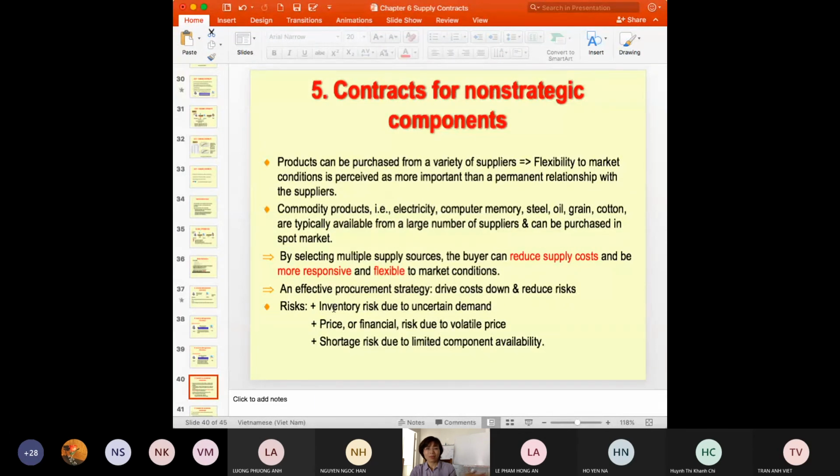This is different from the strategic component. For strategic components, they have a long relationship with the supplier. For commodity products like electricity, computer memory, steel, and ground cotton, we have a large number of suppliers and they can purchase in spot markets.